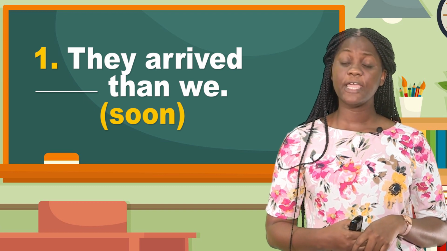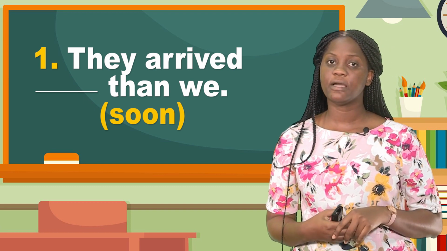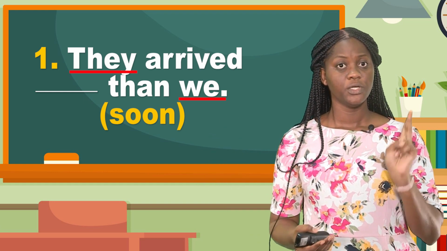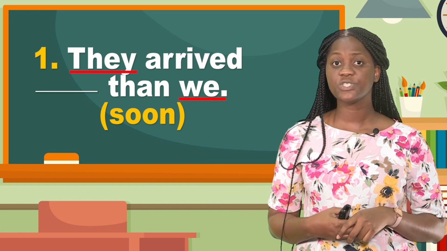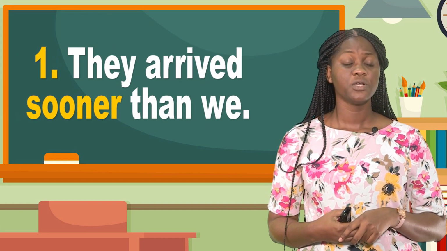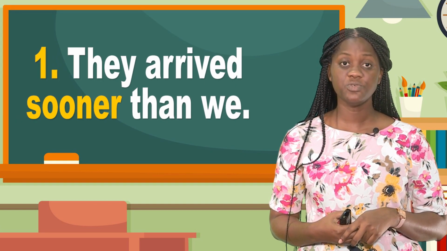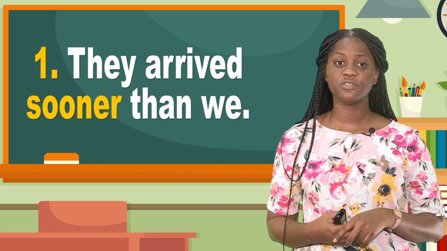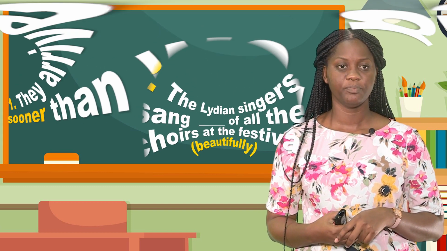Boys and girls, if you notice, we are making a comparison between they and we, two groups of persons, and so we must use the comparative degree. Therefore, soon becomes sooner. So our answer would read, they arrived sooner than we.